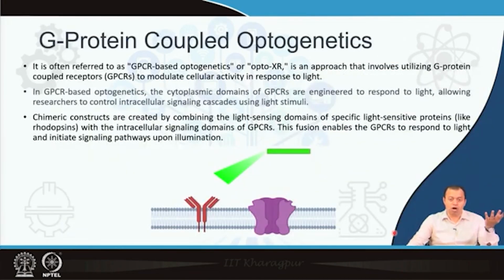There is a plethora of cellular processes that keep on happening. So, with GPCR, it is interesting that the cytoplasmic domain of GPCRs are engineered to respond to light, allowing researchers to control intracellular signaling cascade using light stimuli.